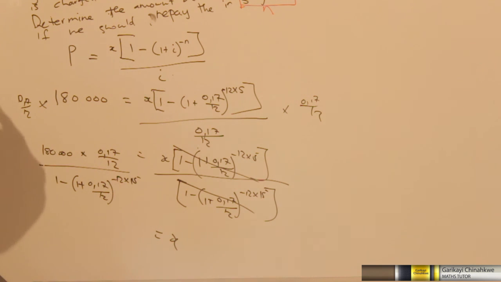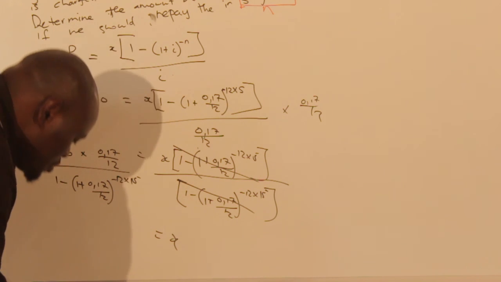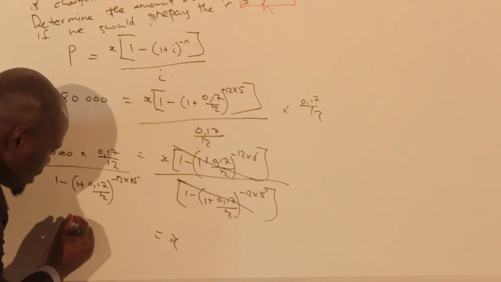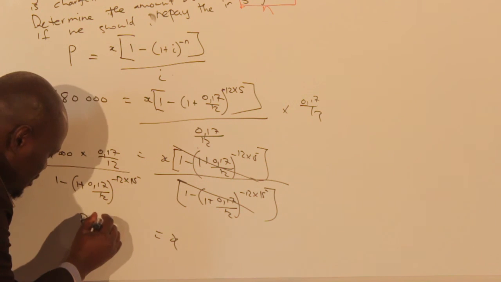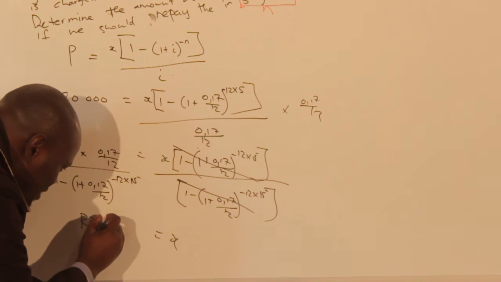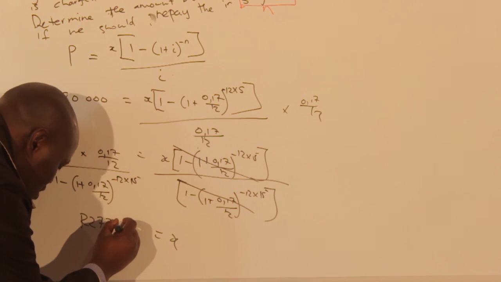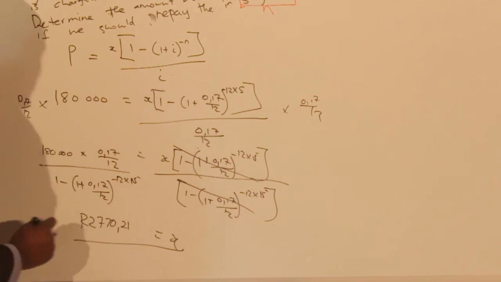Then that must be your monthly installment. So there the monthly installment is going to give me 2,770 rands 21 cents. So that's your monthly installment.